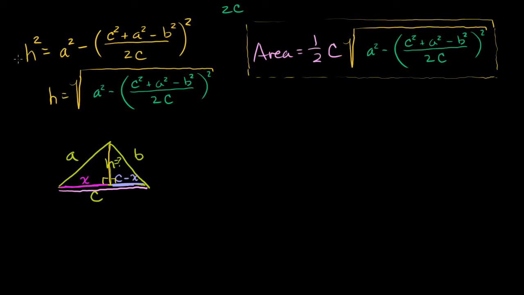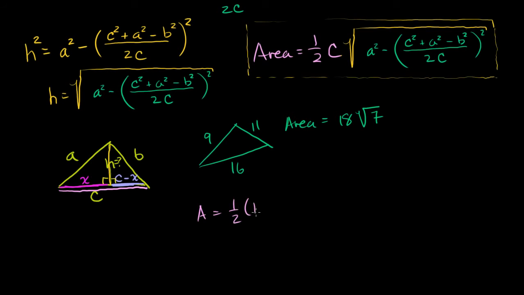Now, actually, let's just apply this just to show that this at least gives the same number as Heron's. So in the last video, we had a triangle that had sides 9, 11, and 16, and its area using Heron's was equal to 18 times the square root of 7. Let's see what we get when we apply this formula here. So we get the area is equal to 1/2 times 16 times the square root of a squared.